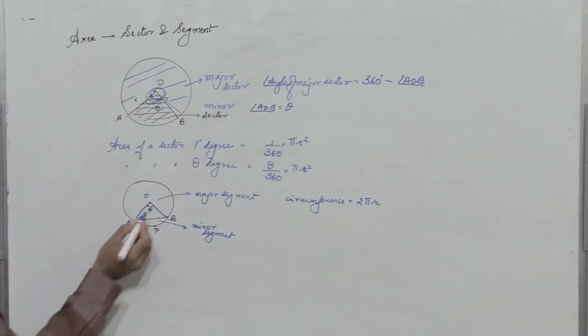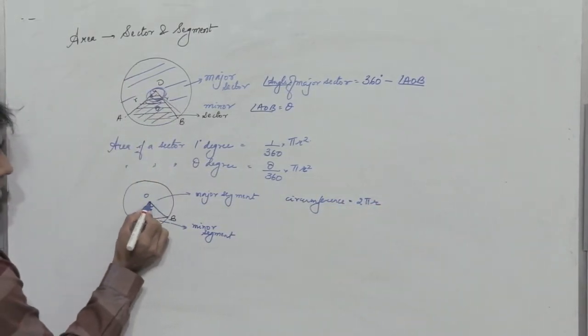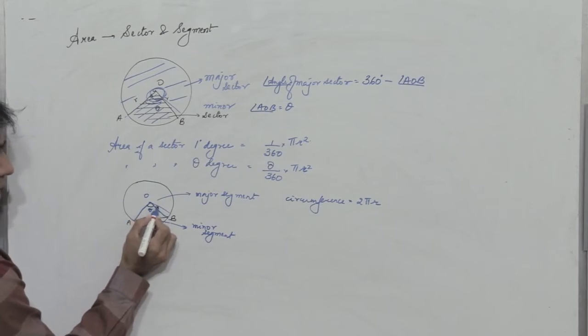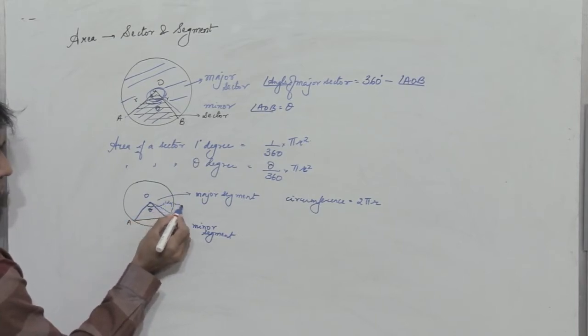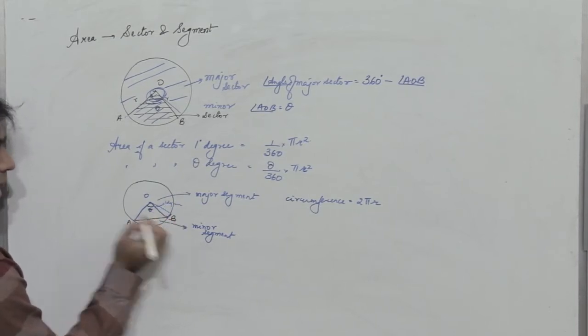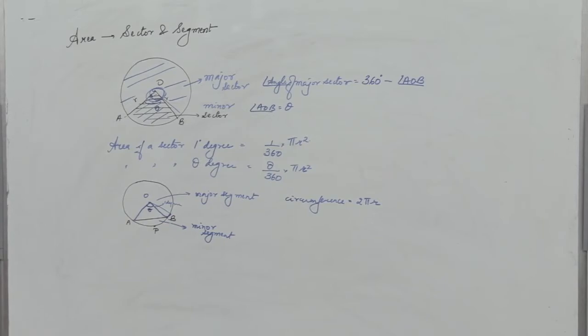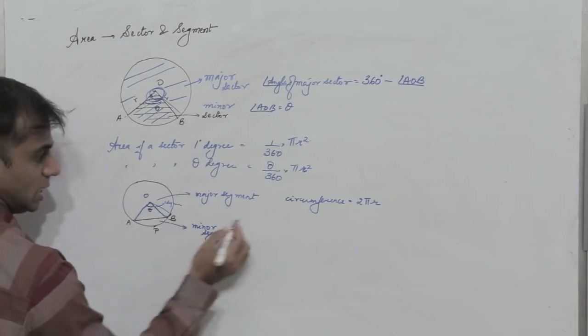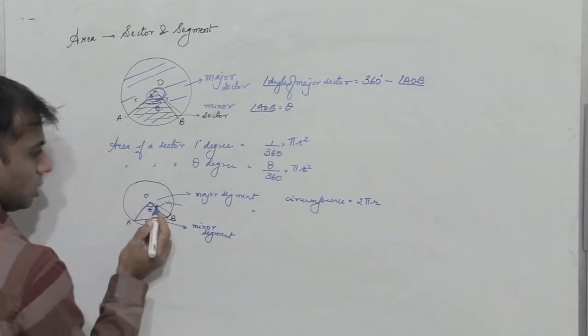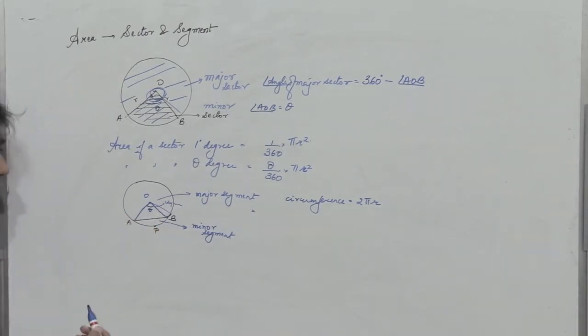Okay, so if I have a small region such that the angle is 1 degree and I want to find the length of that segment, then the total angle is 360 degrees, right?